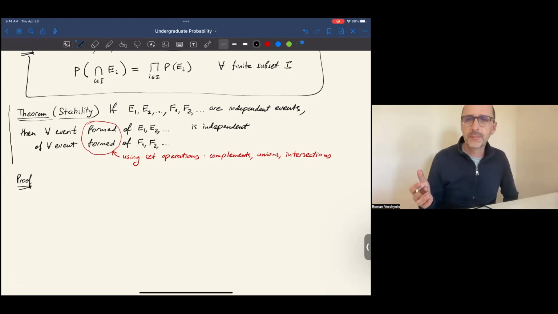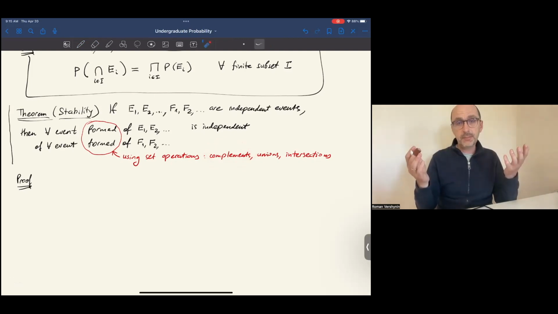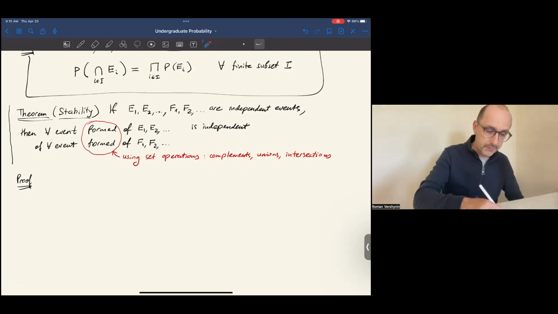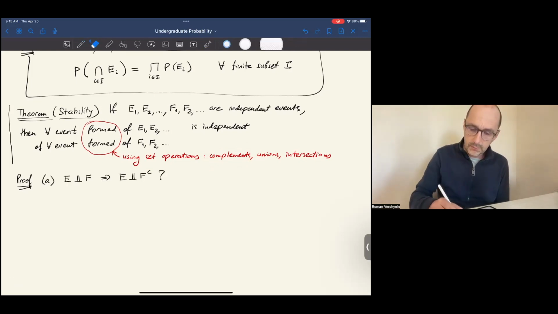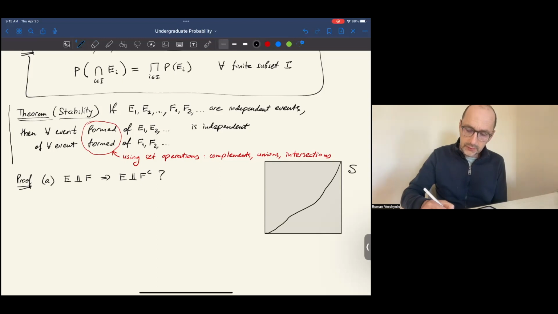Let's check a couple of special cases first. Let's analyze the complement and prove that if E and F are independent, then E and F complement are also independent. Here's our sample space, which is partitioned into 2 mutually exclusive events F and F complement.